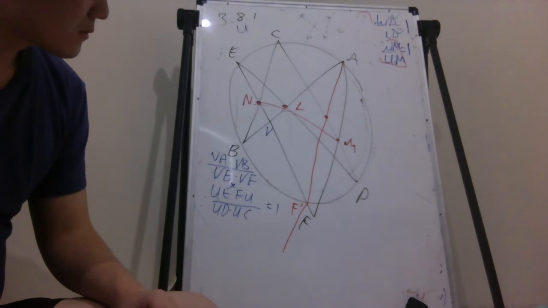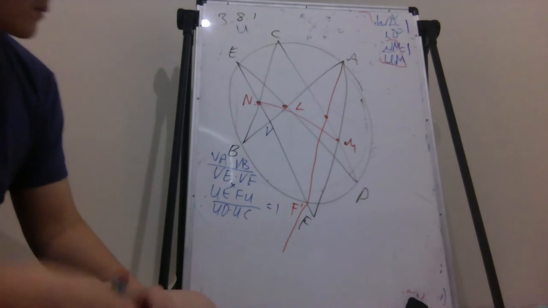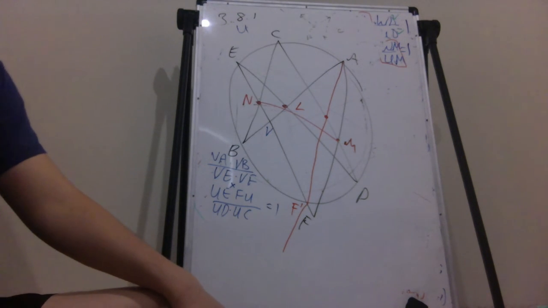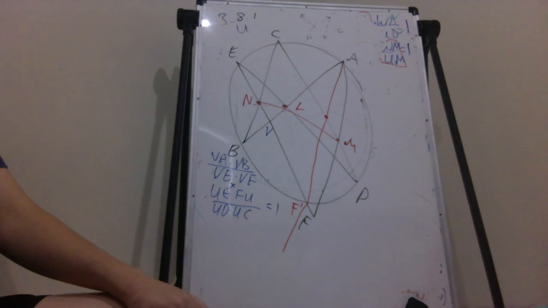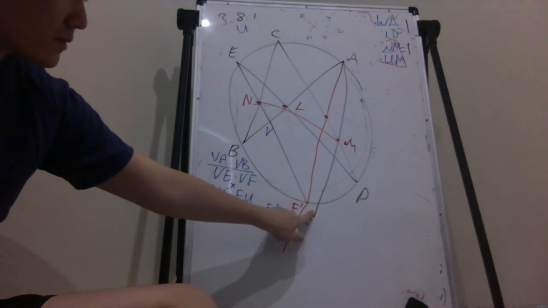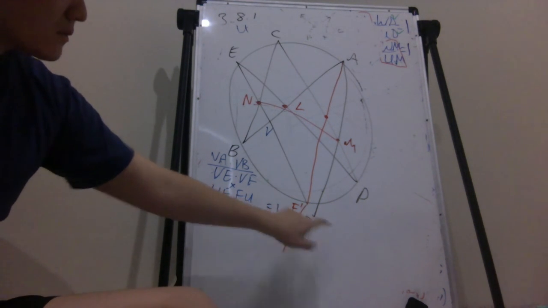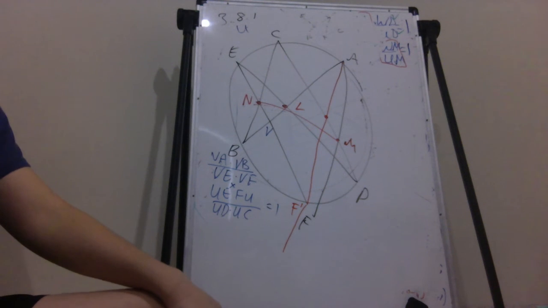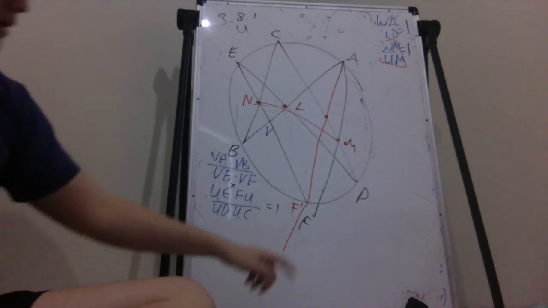But does that mean that M is also on that line? Wait, so does that force F to be on the circle? Let's just say for now that F is on this line.